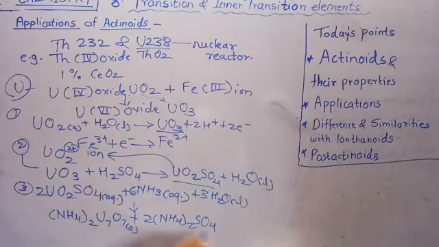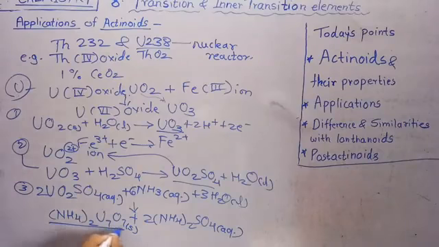That is in solid state and this is in aqueous state. Clear? And this ammonium diuranate is used in the form of uranium. This is the application of uranium. Clear? Those are the complete applications of actinoids.